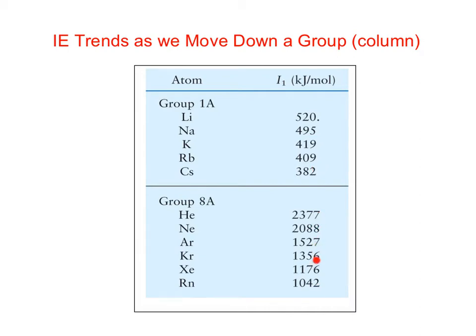In noble gases, it may not be surprising that they have relatively higher ionization energies because they have completely filled subshells. And when we talked about electron configurations, we talked about how that's particularly stable. And so the noble gases really don't like to give up their electrons. And so they have relatively high ionization energies, at least compared to the alkali metals.